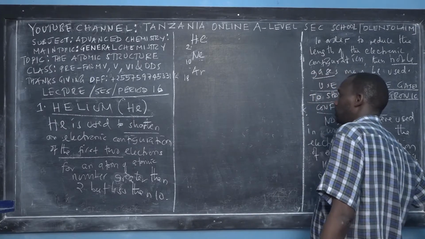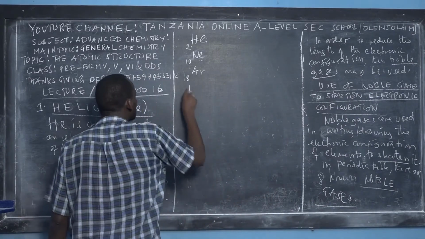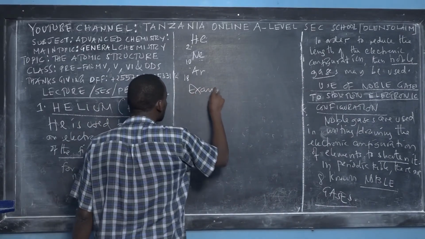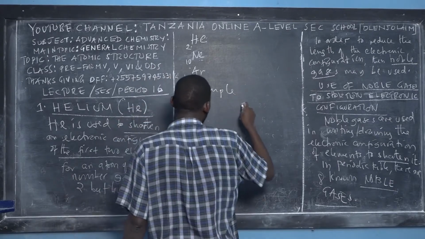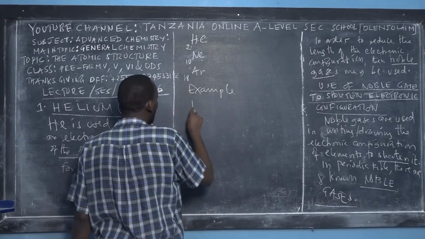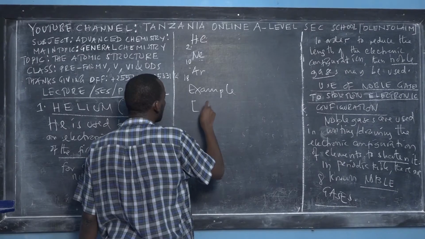Are we together? Okay. So, just to give you examples, say you want to write the electron configuration of carbon.